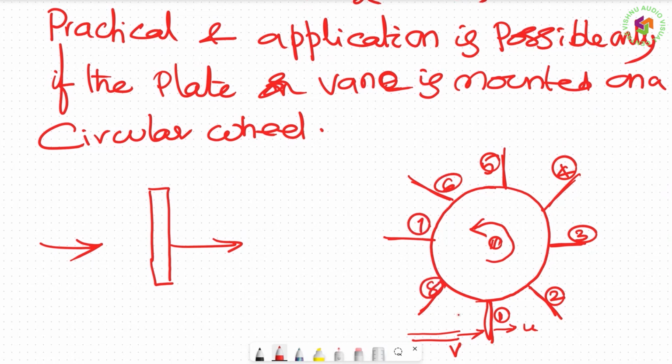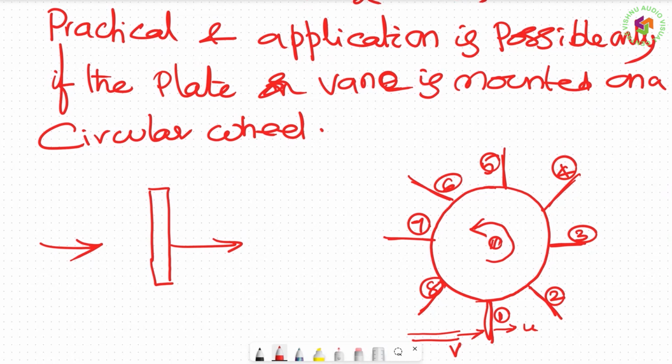If one leaves, the eighth flat plate comes into this position, and when the eighth plate leaves, the seventh plate occupies this position, and when the seventh leaves, the sixth, like that continuously, there will always be a plate before the jet. So that is what is practical, and that application is very useful for us.